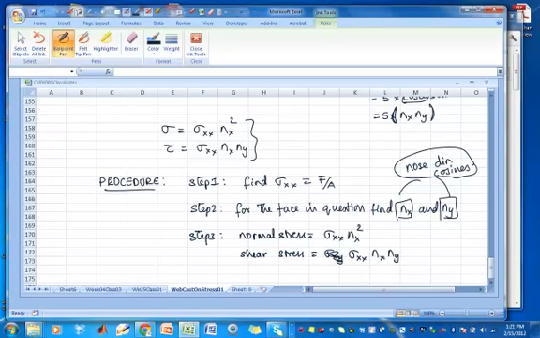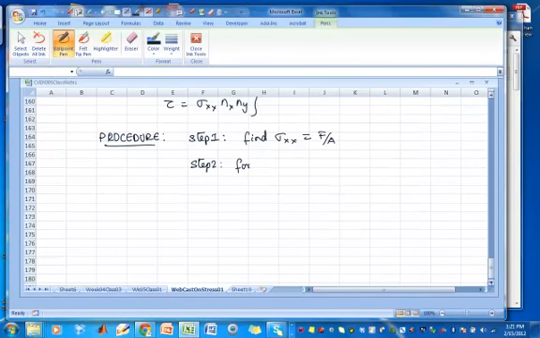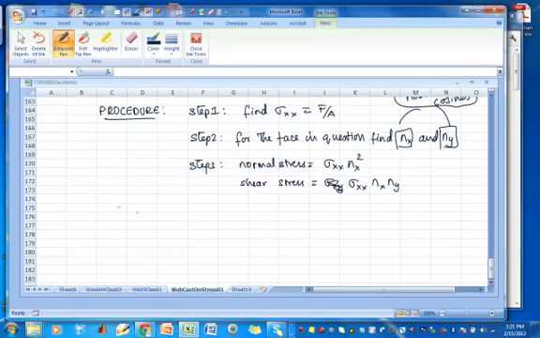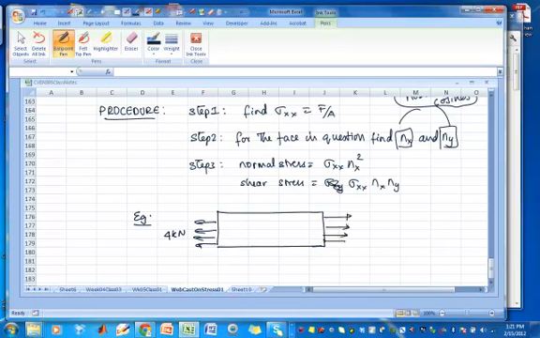Okay. Example problem. So here is four kilonewtons. And this dimension is 25 mm or 20 mm.